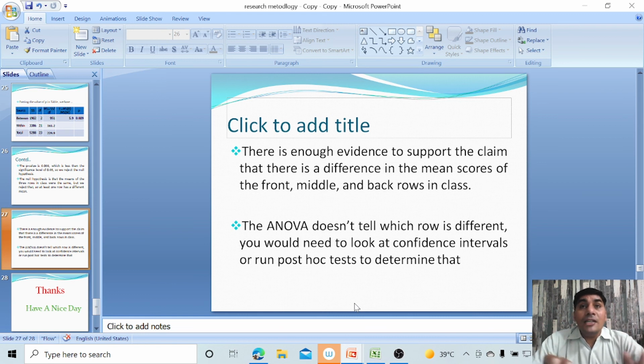So by using one-way ANOVA, we find that the null hypothesis is rejected. That means we conclude that at least one mean is different. But it's not possible to find which row is different.